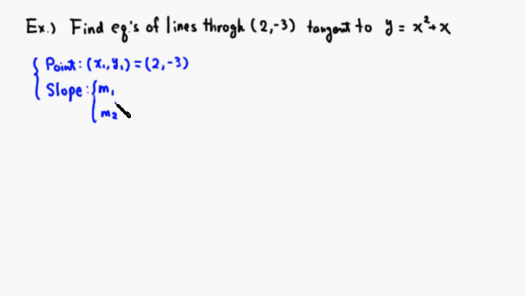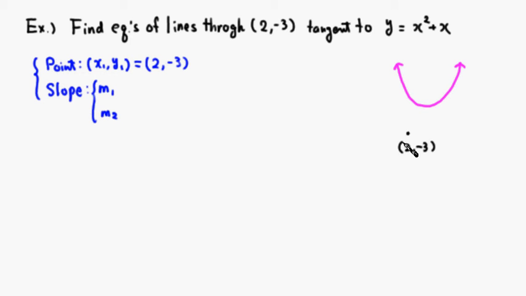So here's the situation. We have a parabola, probably looking kind of like this, and unfortunately (2, -3) is an external point. So this is (2, -3).